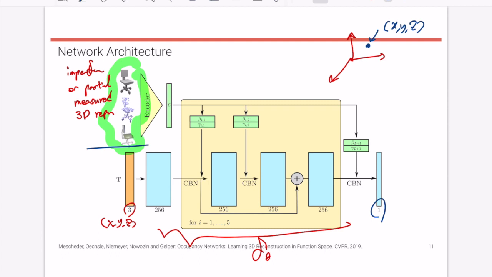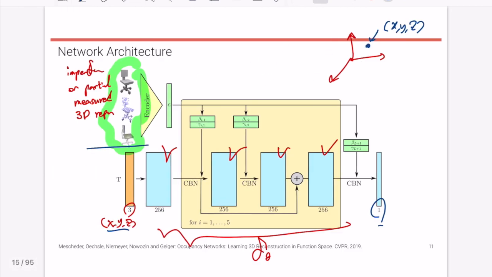Then within this model, the learnable module is going to be theta. It means that during the training, because we already have the mapping relation between the XYZ and the occupancy value, we can find the optimal parameter theta. So it's going to be the learned occupancy model.